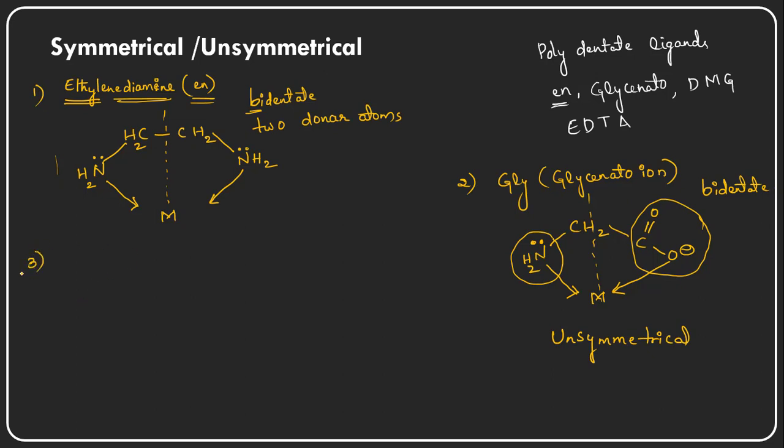And the third example I am taking is a symmetrical ligand, where on both sides the same type of donor atoms are present.